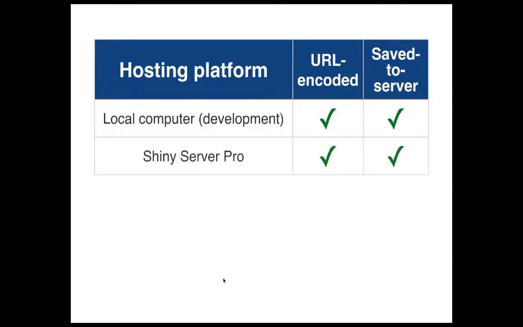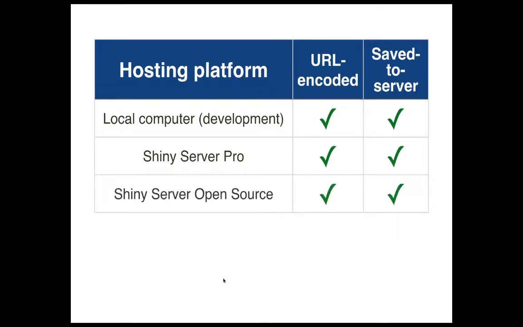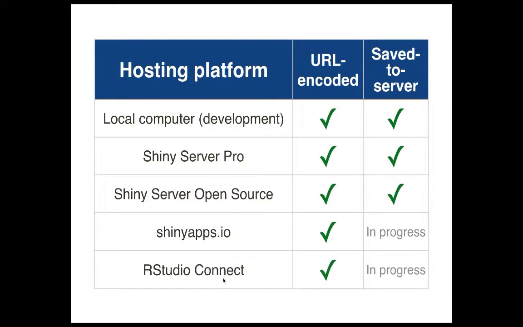If you have Shiny Server Pro, you can use both types of bookmarking, and the same is true for Shiny Server open source. If you're deploying your app to shinyapps.io, you can use the URL encoded bookmarks, but the save to server ones are still in development. The same is true if you're using RStudio Connect. The URL encoded bookmarks will just work, but for the save to server bookmarks, there's still some work that needs to be done for that to function.